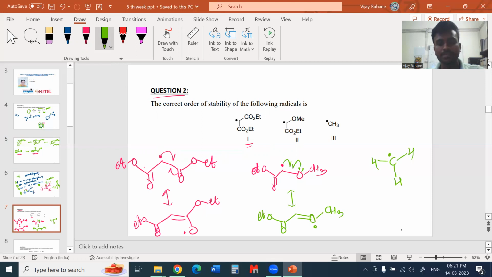this hydrogen atom, they are electropositive. So it helps the bond pair of electrons present on the bond, which has got the polarization towards this carbon. So this got some stabilization. So if you compare all these three radicals, which is the most stable radical?